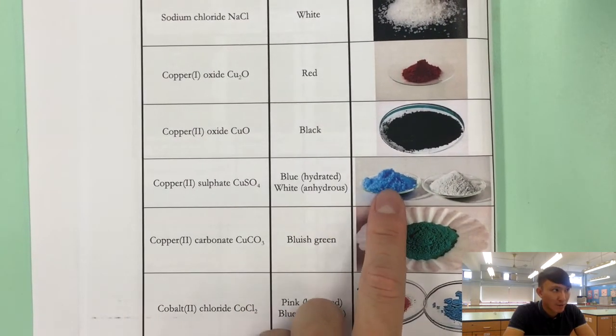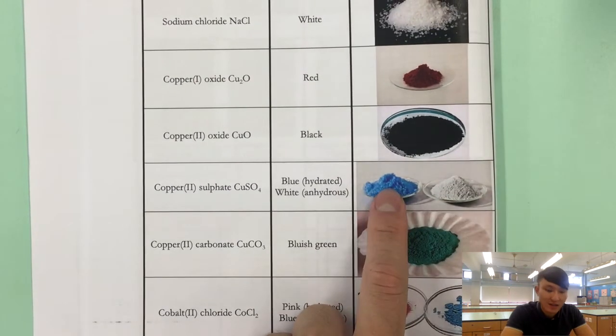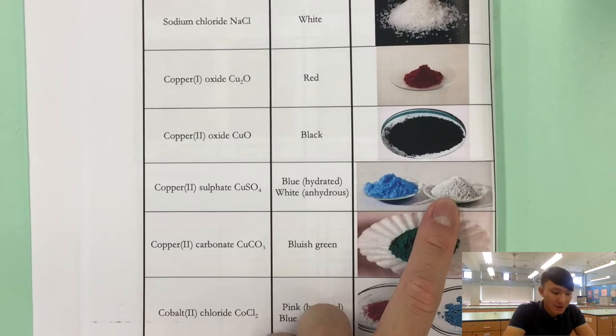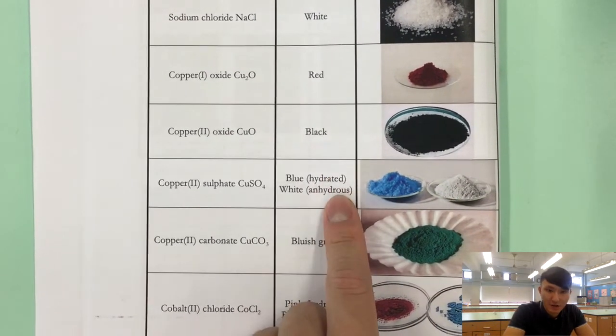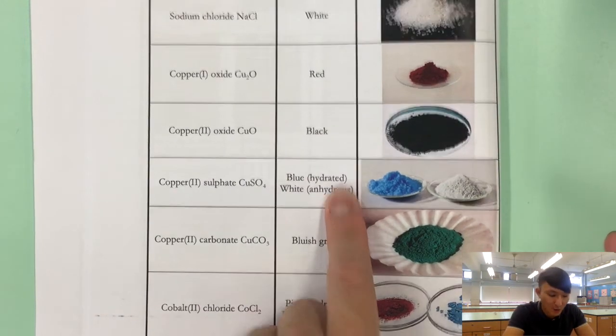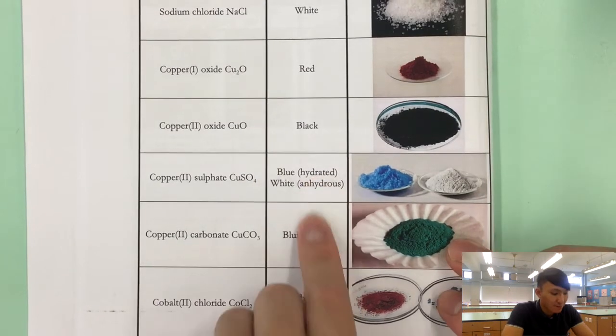When you put this into an oven and heat it, you drive off the water trapped inside. Then, without the water, it will appear white. So 2 different colors. But most of the time, when we talk about copper(II) sulfate solid, we are talking about the hydrated form, the blue form. Okay?